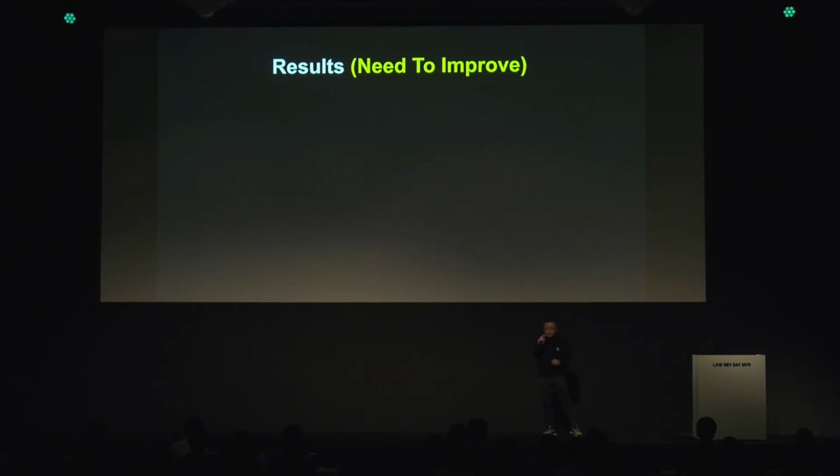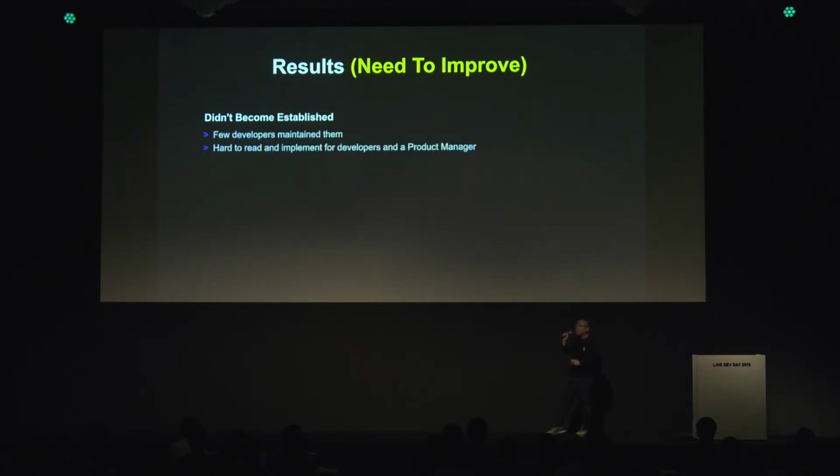On the other hand, there were some failures as well, some points to improve. Firstly, this action didn't really get established in the team because most of the developers did not write the API test using this. I asked them why, and they said that the JUnit code, for the developers and also for the product managers, is difficult to read and difficult to write.